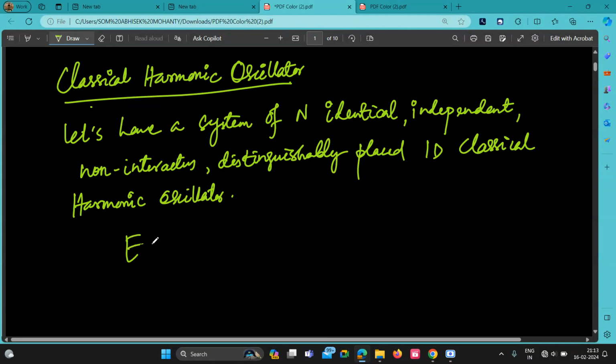First of all, their energy is what? For a 1D classical harmonic oscillator, it is p squared by 2m plus half kx squared, right?